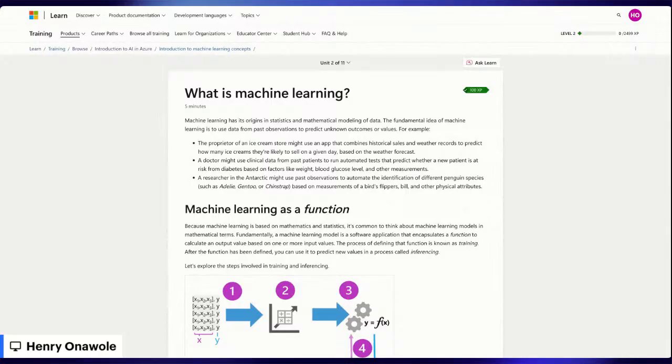The third example, a researcher in the Antarctic might use past observation to automate the identification of different penguin species, such as Adelaide, Ginkgo, or chinstrap, based on measurement of a bird flippers, bill, and other physical attributes.